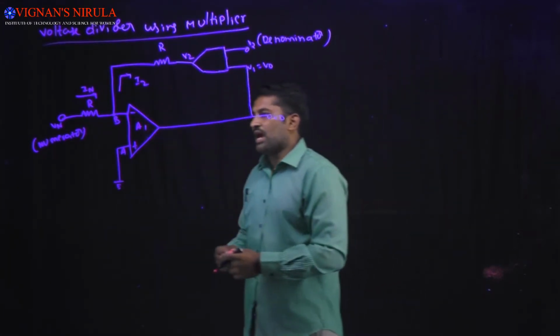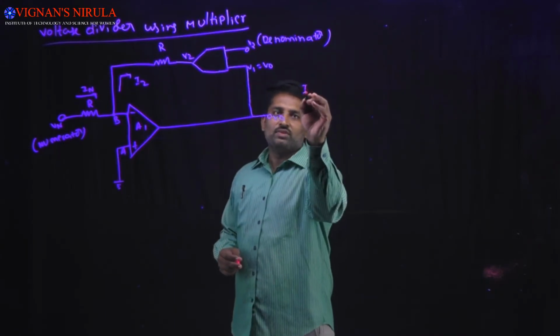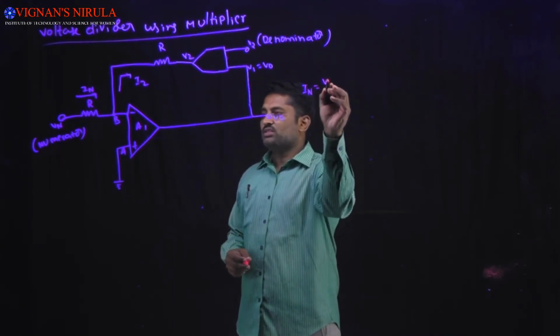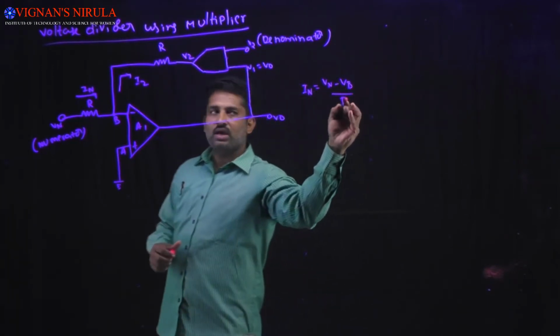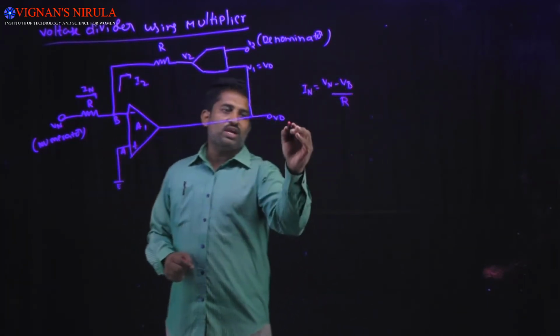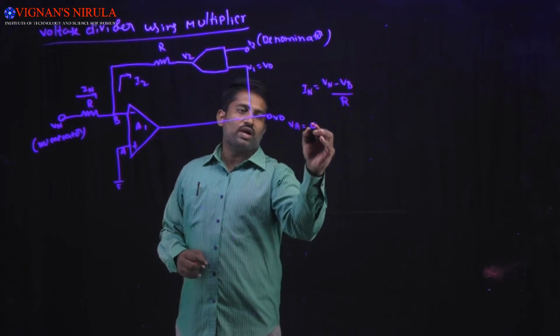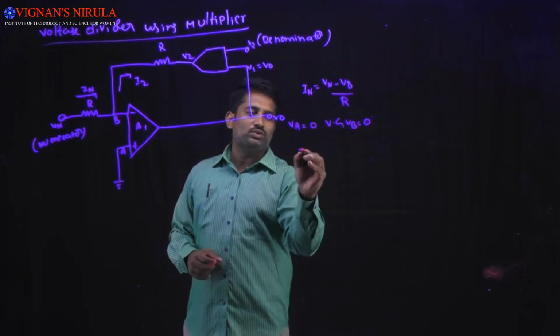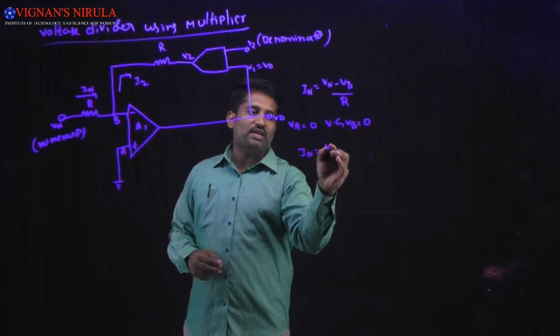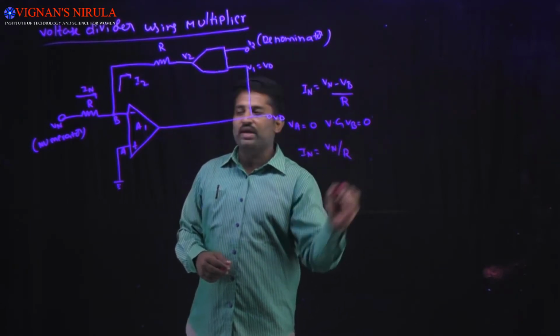Now calculate IN. IN is equal to VN minus VB divided by R, where VA is equal to 0. According to the virtual ground concept, VB is also equal to 0, so IN will be VN divided by R.